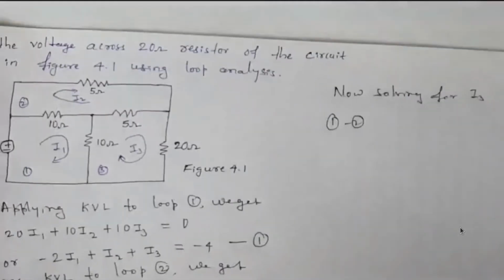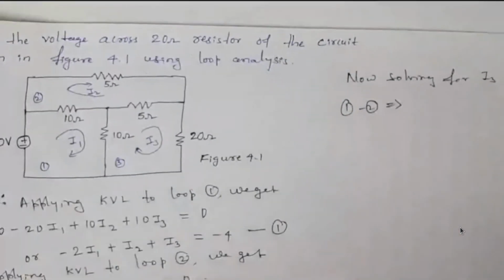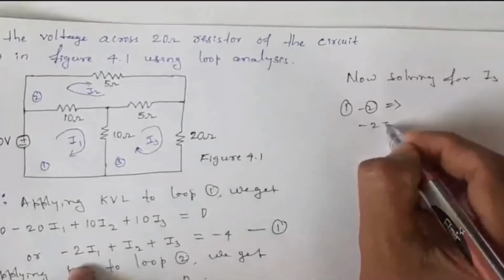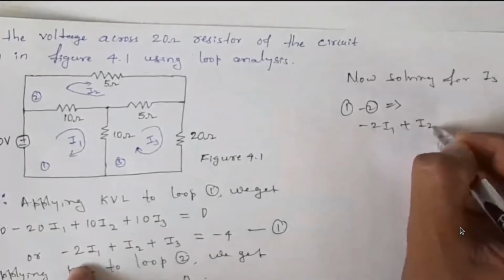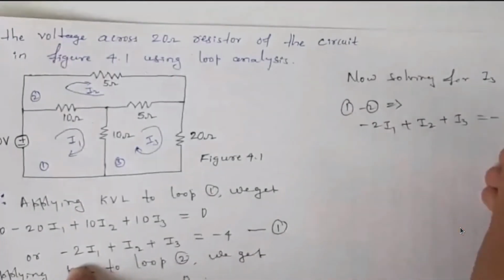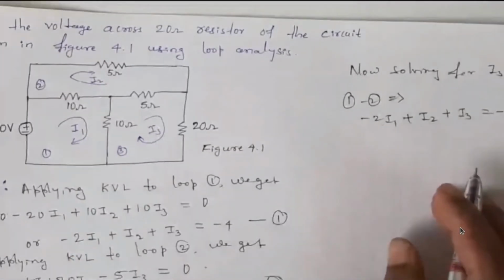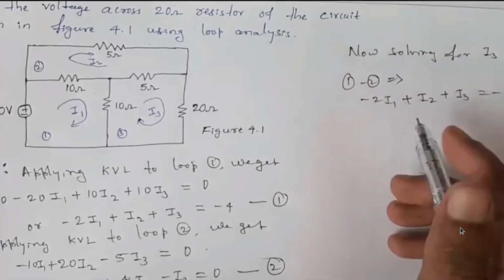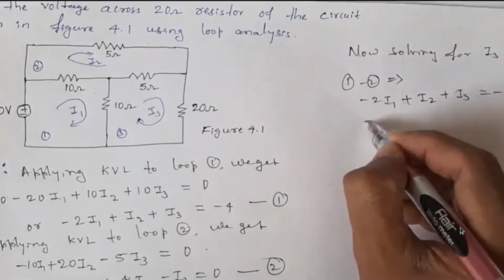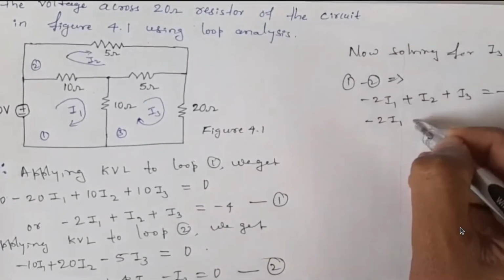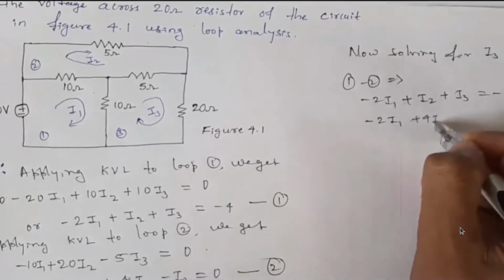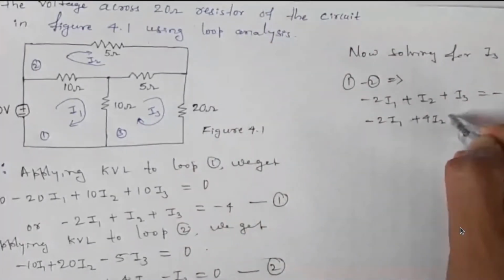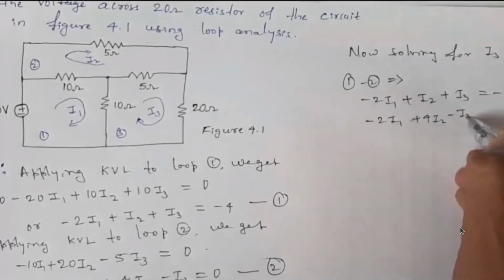Equation 1 is minus 2 I1 plus I2 plus I3 is equal to minus 4, whereas equation 2 is 2 I1 plus 4 I2 minus I3 equal to 0.